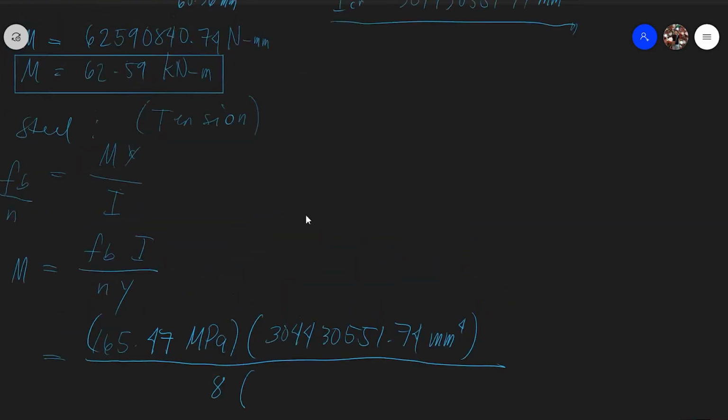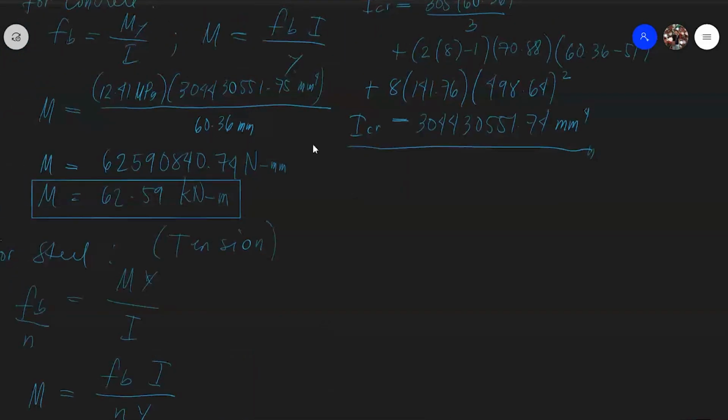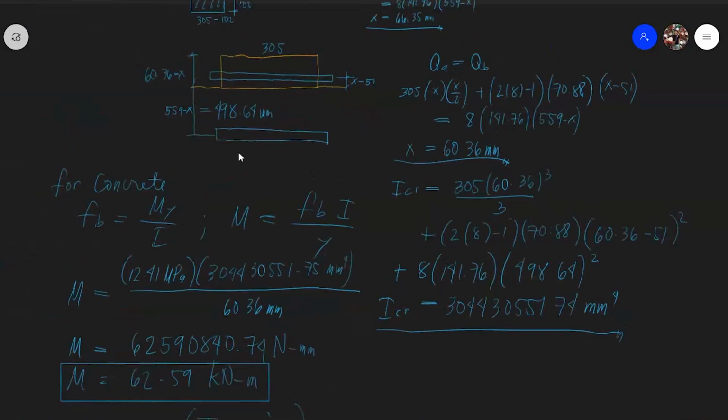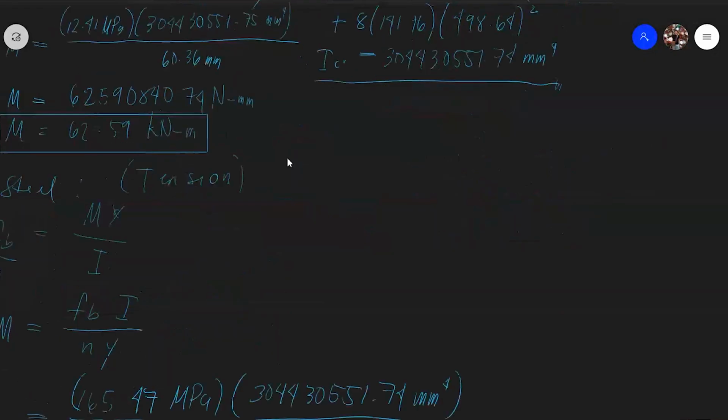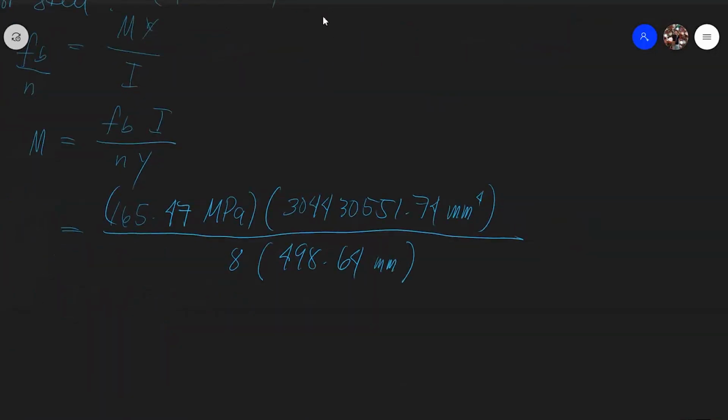And Y is the distance from the neutral axis to the centroid of the steel in tension. That is 498.64 mm.